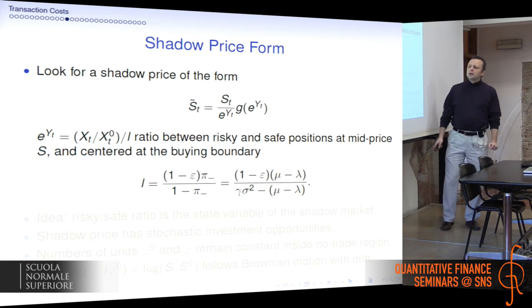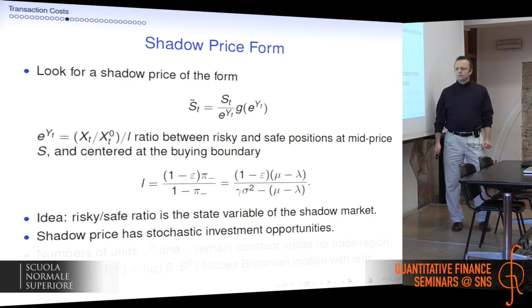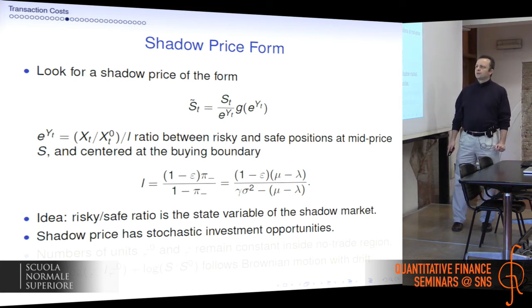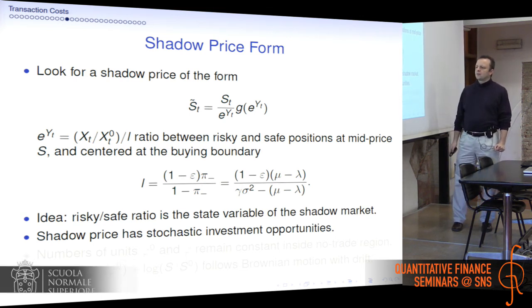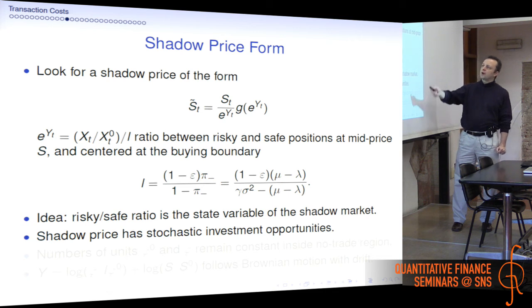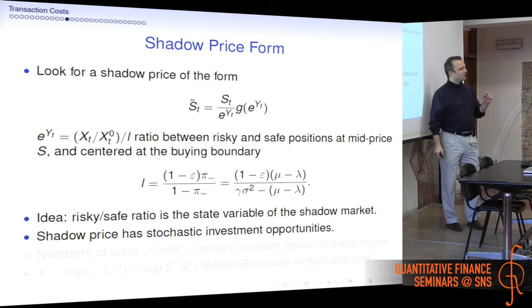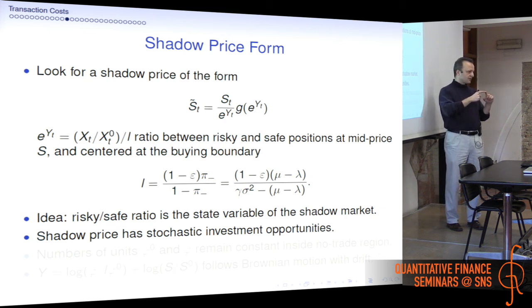Okay? And then you want that this function is a nice shadow price. So what do we have to require for this function g? Let's talk about g of x over x. G of x over x must be always between 1 minus epsilon and 1. Otherwise, this is not a shadow price.